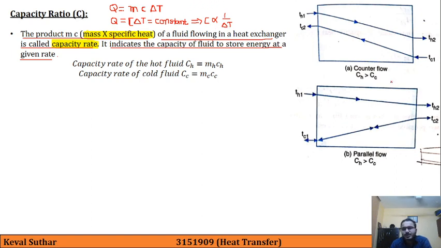Here in this figure, the value of C_h is greater than C_c. As C_h is higher, the temperature difference for hot fluid is low, and as C_c is lower, the temperature difference for cold fluid is more. That can be justified with the figure also, that capital C is inversely proportional to delta T.